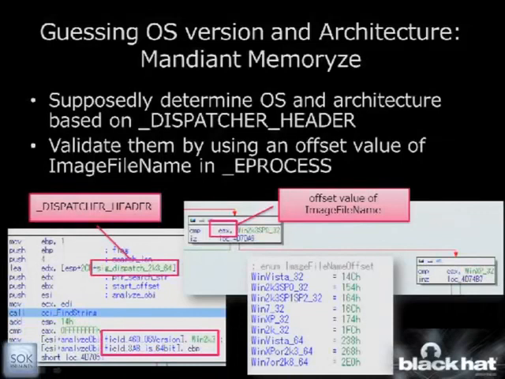Memoryze supposedly determines OS and architecture based on dispatcher headers. Then it validates them by using an offset value of the image file name in the EPROCESS. There are image file name offset values for various OS versions, and Memoryze uses them.